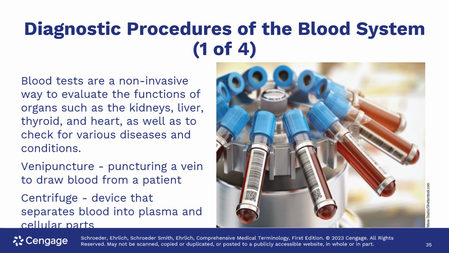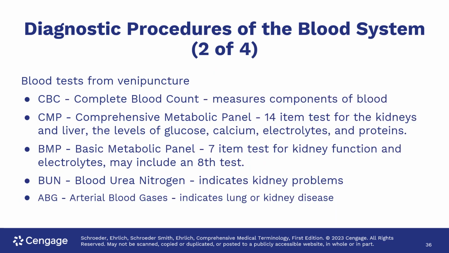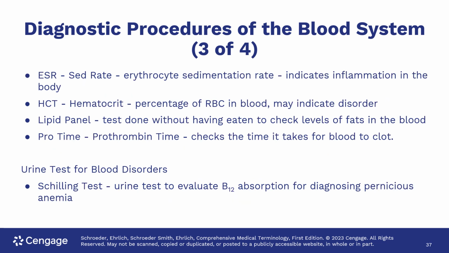How do we diagnose blood disorders? By blood tests, of course. Here are some common ones. There is a urine test for pernicious anemia called the Schilling test that evaluates B12 concentration in the urine.